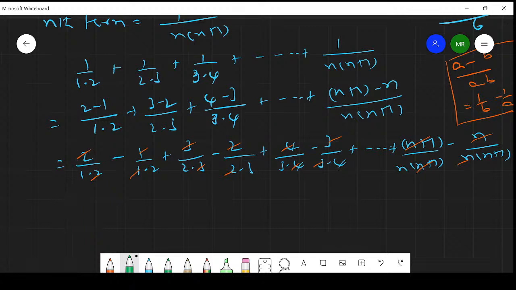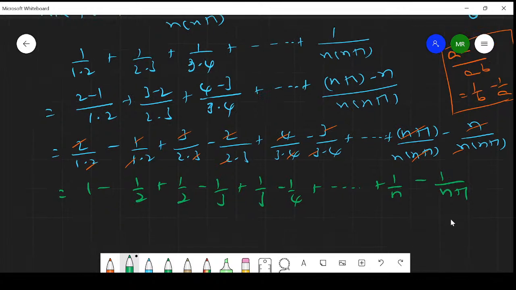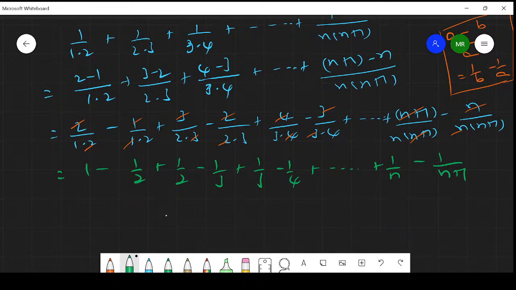This is equal to 1 minus 1 by 2, plus 1 by 2 minus 1 by 3, plus 1 by 3 minus 1 by 4, and so on, plus 1 by n minus 1 by (n plus 1).